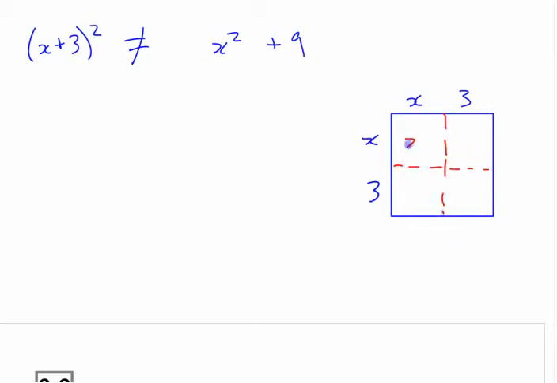You're getting x squared here, and you're getting 9 here, but you're missing these two things. What are those two pieces that you're missing? Yeah, 3x over here, 3x over here. So really this has got to be equal to x squared plus 6x plus 9. That middle term is what people forget all the time.